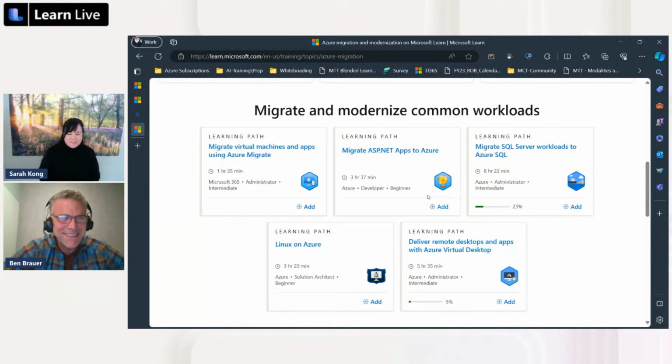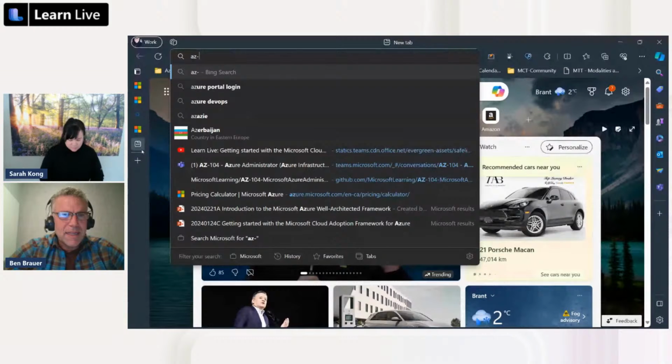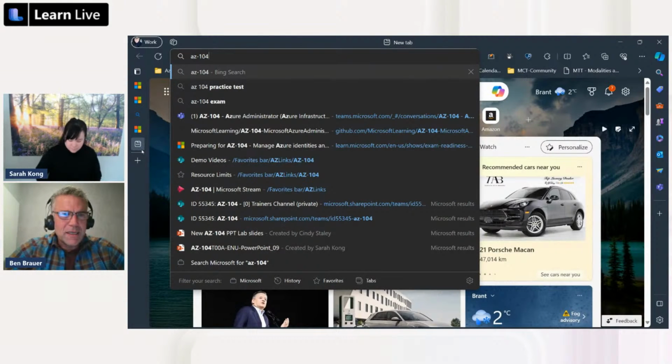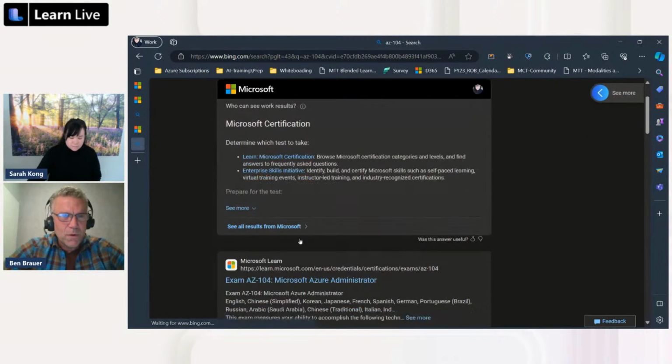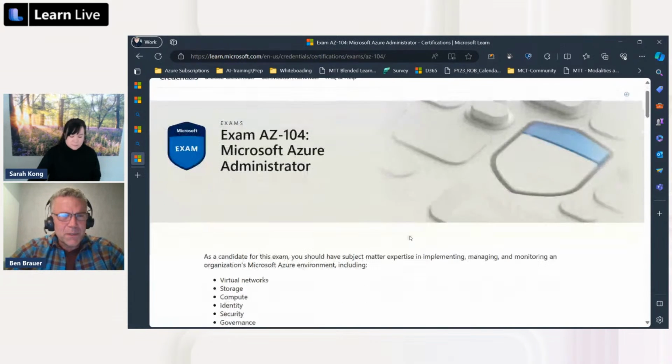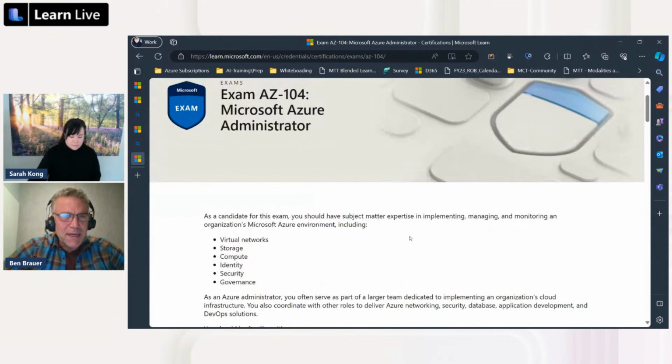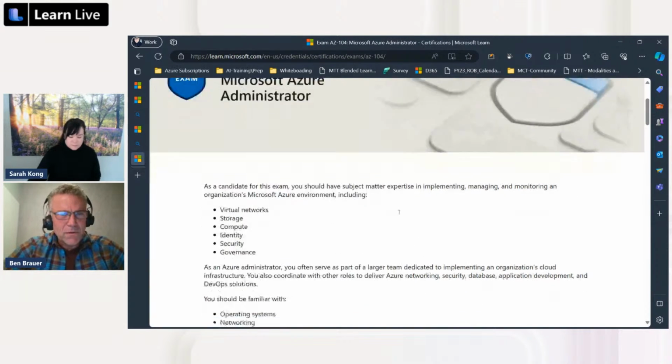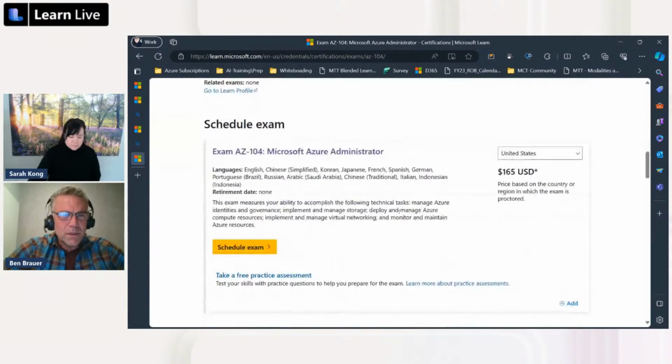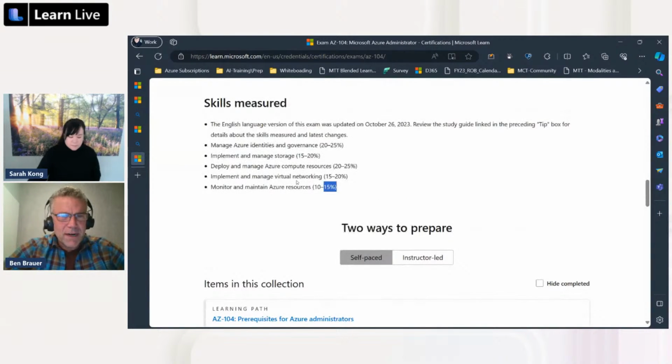Yeah. So there's two main certifications that the cloud adoption framework and the well-architected framework help to support. One of them is what's called the AZ-104, which is mainly for administrators. And then the other is the AZ-305. Here we'll show you what AZ-104 looks like. This one is quite useful for people who are wanting to learn to administer their Azure environment.